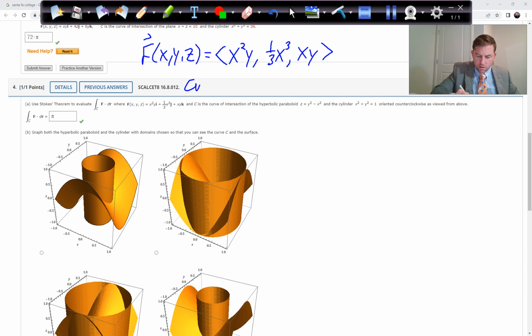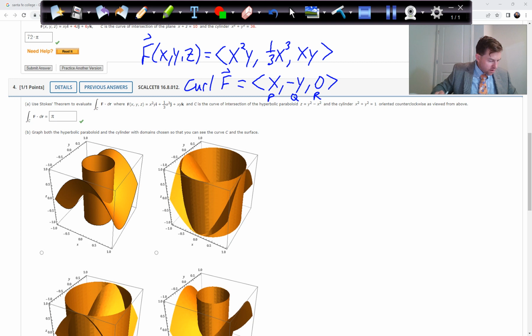So you will do the curl of F. You'll take the partial derivatives and then cross product them, and you will get this equals x, negative y, and 0. And that's going to be our P, Q, and R for the formula we've been using.